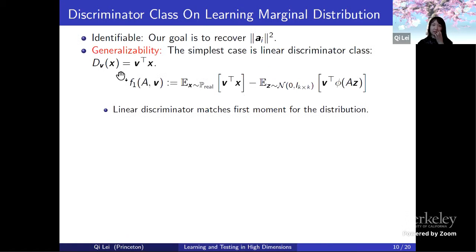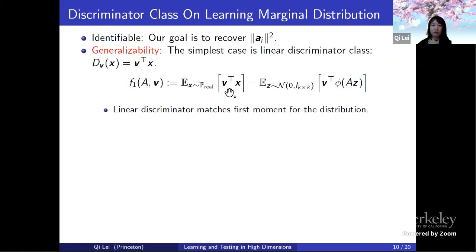And in order to achieve generalizability, we start from the simplest discriminator class, the linear discriminator class. Let's see whether we can recover a_i. For a linear discriminator, the function becomes D_v(x) equals v transpose x. So our function becomes something like this.